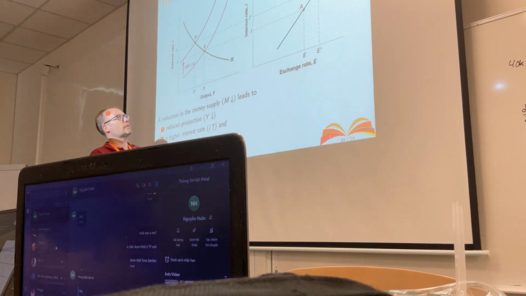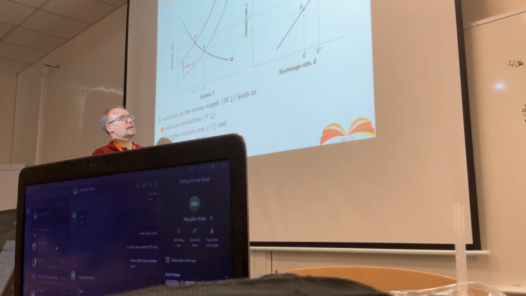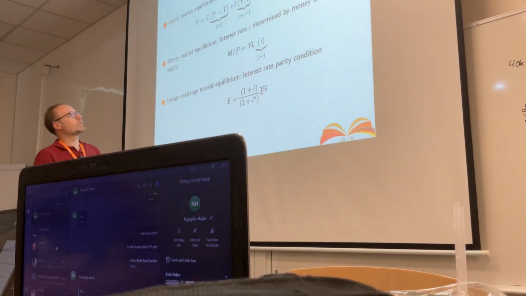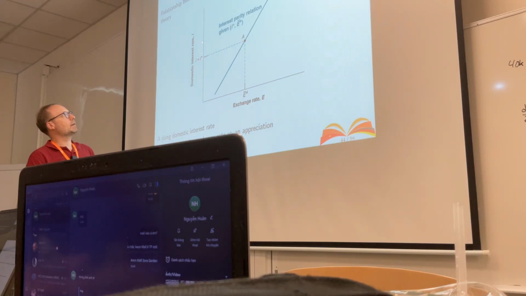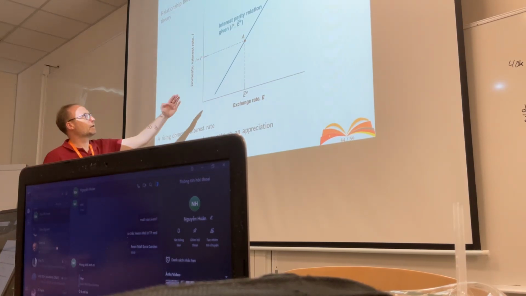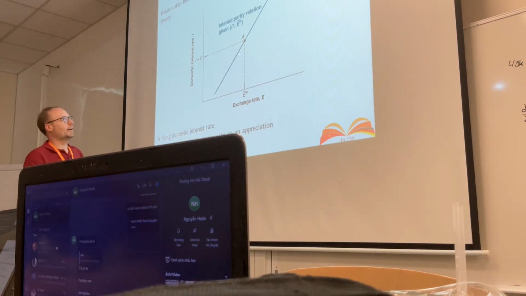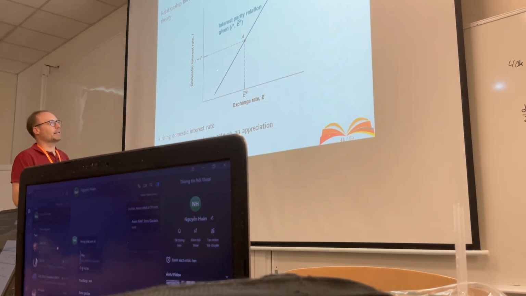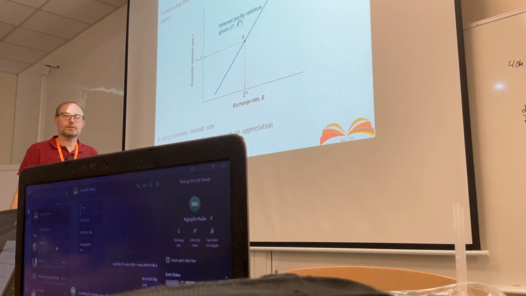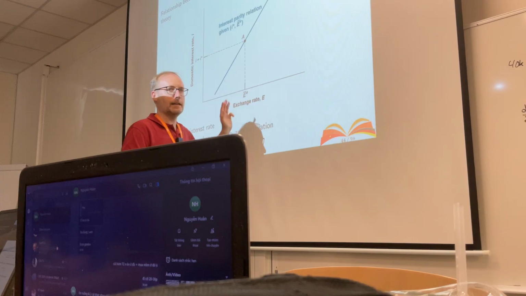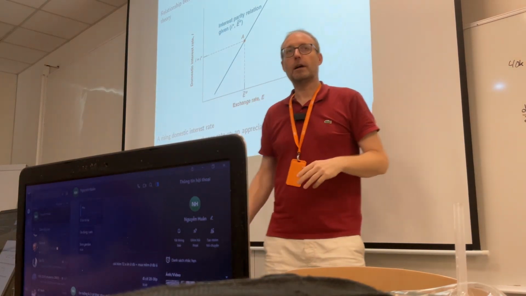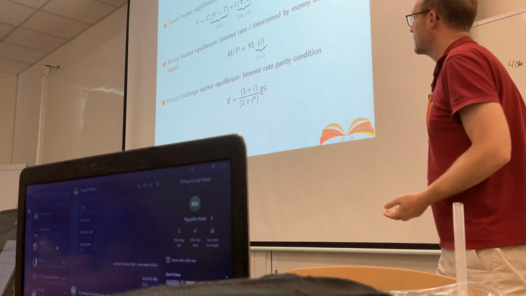So if the ECB raises its interest rate, that would shift up this curve here, then Denmark has to raise its interest rate if it wants to maintain the same exchange rate, which is declared as its policy.